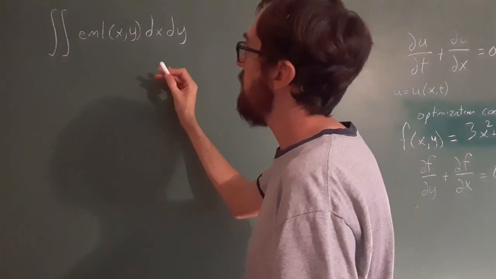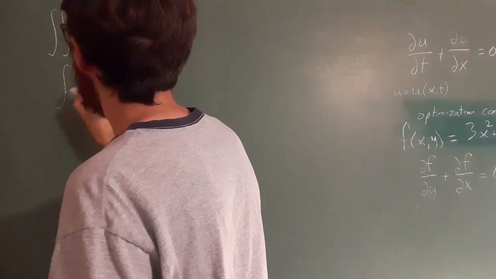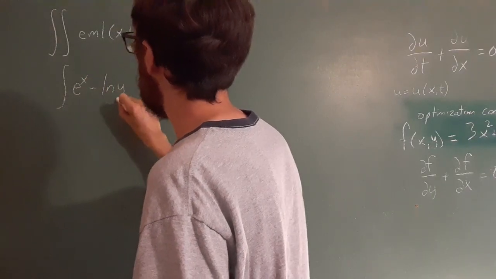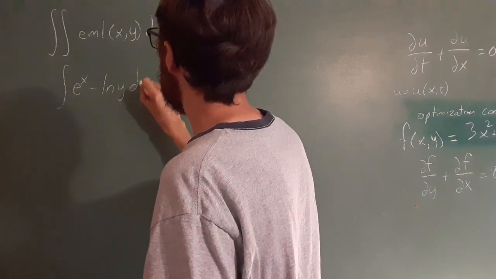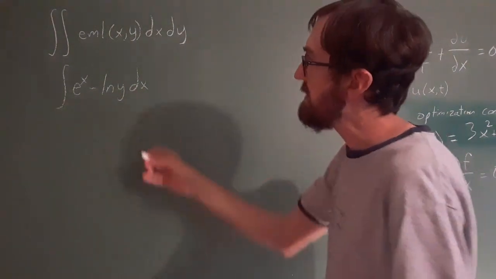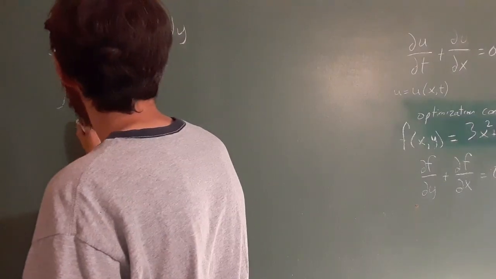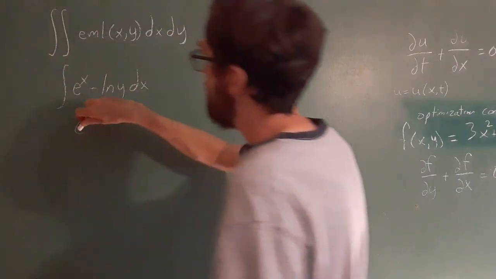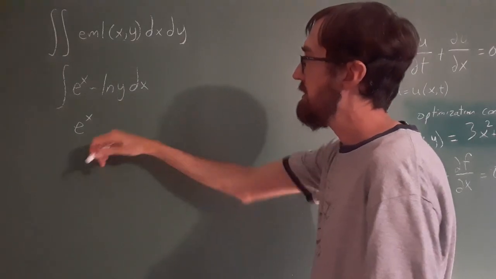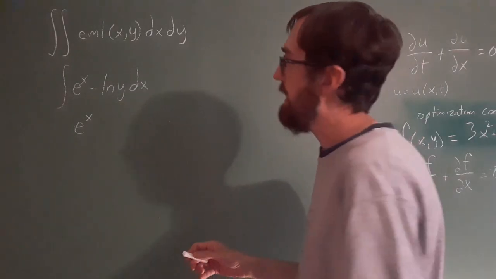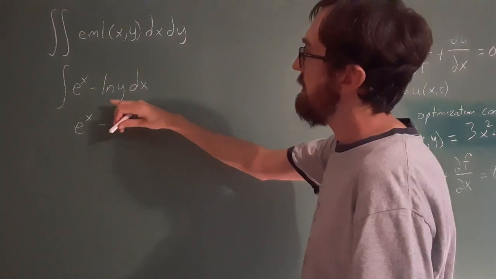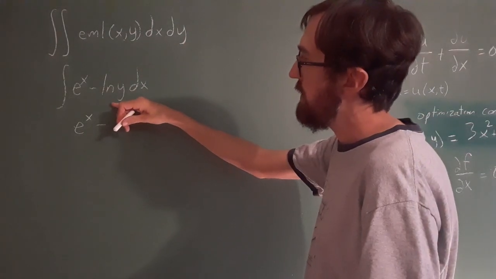Again, we're going to focus on this inner piece. And again, this is still defined as e to the x minus the natural log of y. And this time, we are going to integrate with respect to x. So integrating e to the x with respect to x just gives us e to the x minus, and this is essentially just a constant.